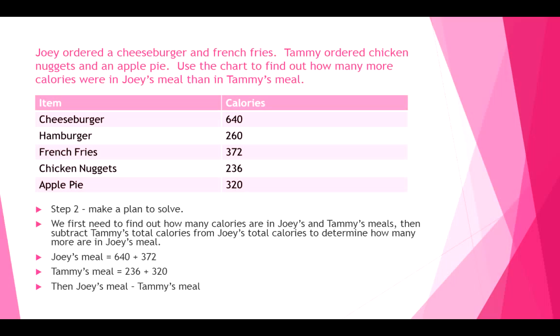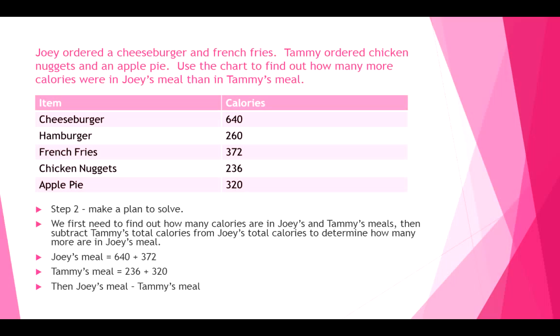So the first thing we'll do is we will add 640 plus 372. Then to determine how many calories were in Tammy's meal, Tammy had chicken nuggets and an apple pie. Chicken nuggets had 236 calories and an apple pie had 320. So you're wanting to add 236 plus 320. Once you have those two figures, you will subtract Tammy's total meal from Joey's total meal.